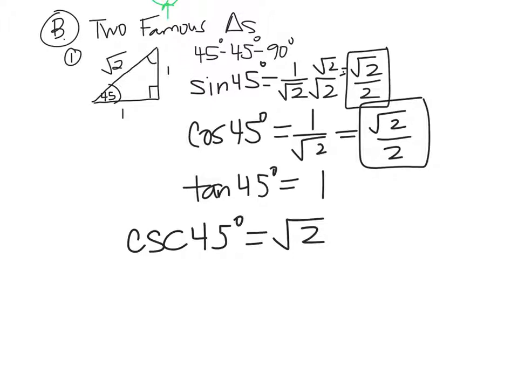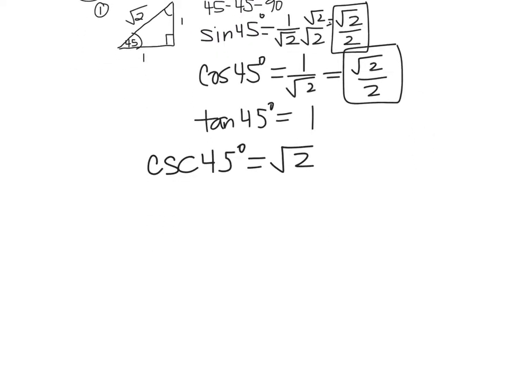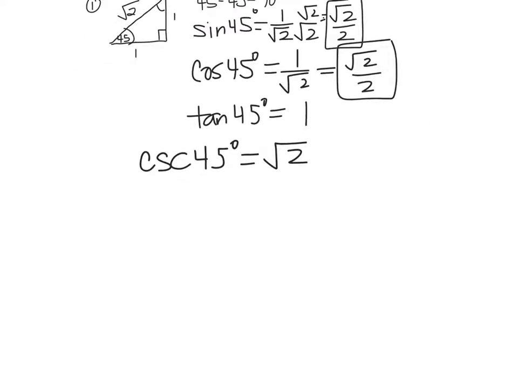Now, cosecant is not on your calculator, but you can use your calculator to find cosecant by using the reciprocal. Cosecant is not the same thing as sine to the negative 1. They're not equal, okay? Your calculator has sine inverse. And sine inverse is not the same thing as the reciprocal of sine.